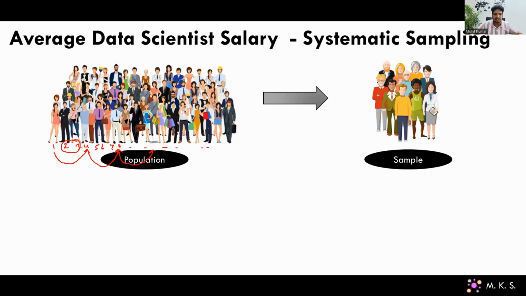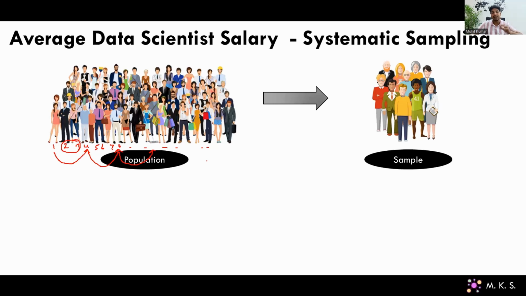So step size is 2, and then we are picking the element from our population. So here what we have done, we have just systemized it. That's it, right? So it's very similar to random sampling, and the way we are picking, it's not random, it's basically based on some interval, right? And that is being decided by the number of elements we want in our sample, right?